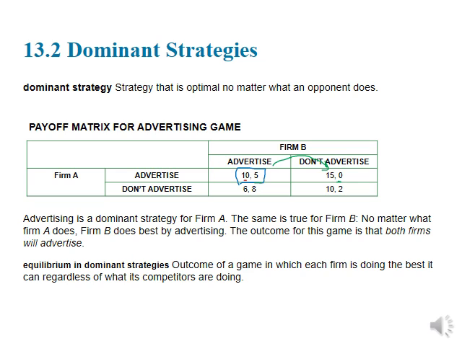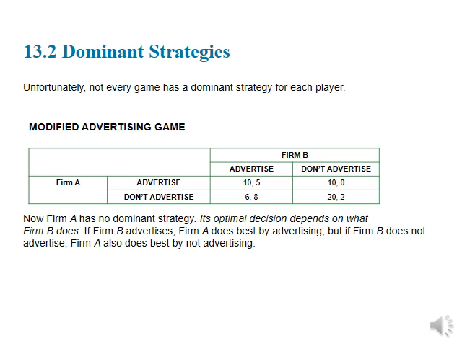In dominant strategies, we're at an equilibrium when each firm is doing the best it can regardless of what its competitor is doing. We like dominant strategies because they make analyzing a game really easy. But in such a world, we're not really looking at strategic behavior because your choice doesn't depend on what the other person is doing. And not every game has a dominant strategy.